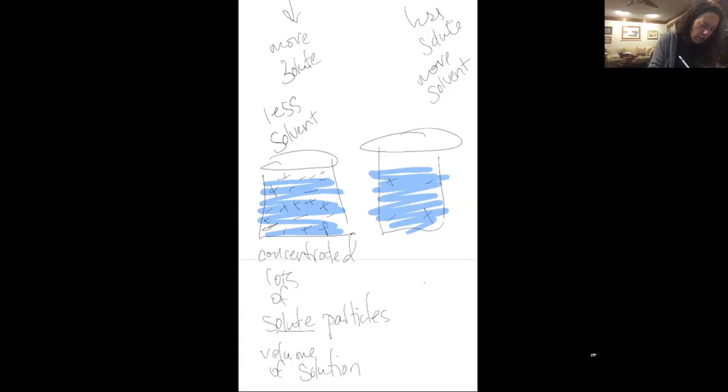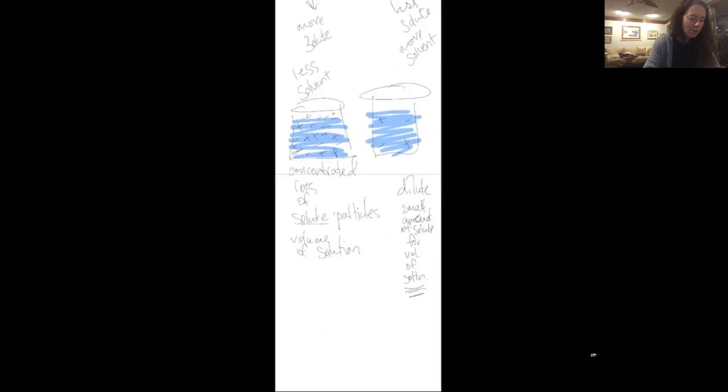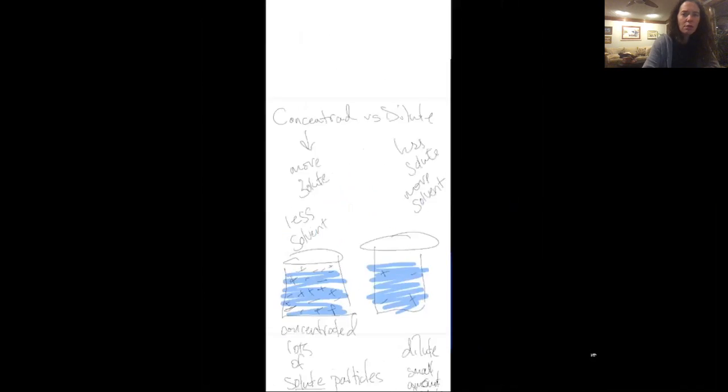So this is dilute, right? A small amount of solute per volume of solution. I'm going to use this abbreviation right here for solution. That's common. You guys know that stuff, right?